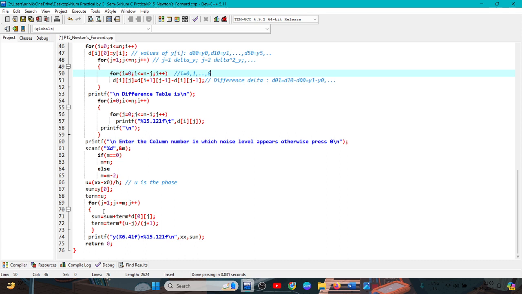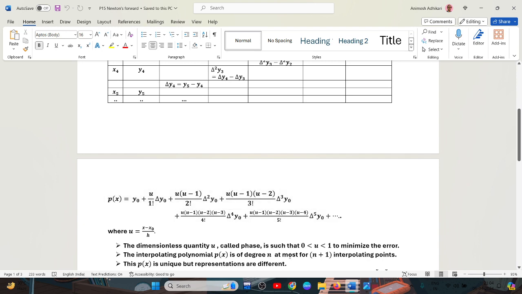For j equal to 2, the new sum equals the old sum, actually y0 plus u by factorial 1 into delta y0, plus the term u into (u minus 1) divided by factorial 2, and d02, actually delta 2 y0.